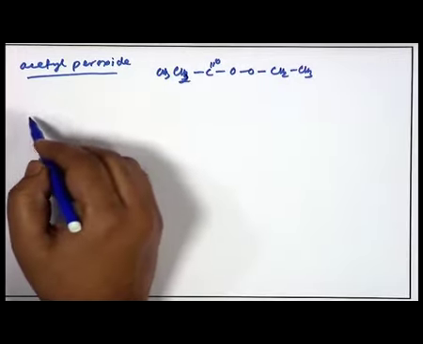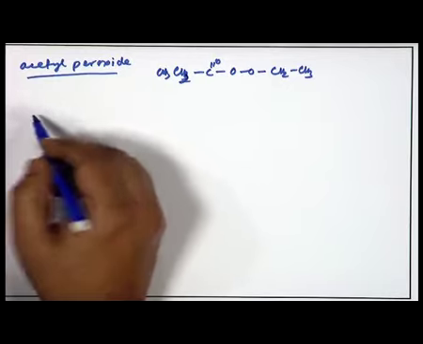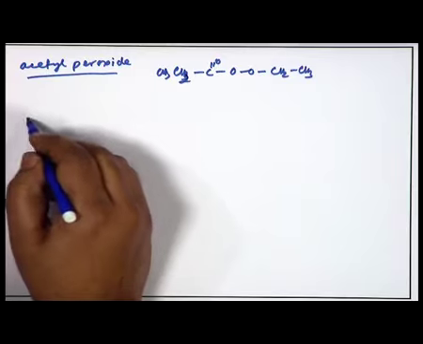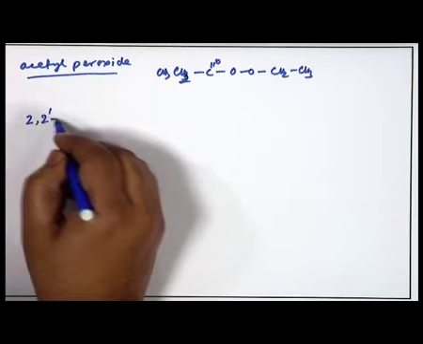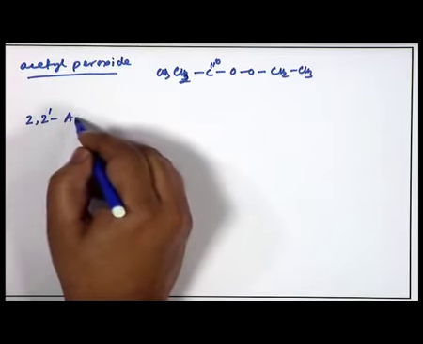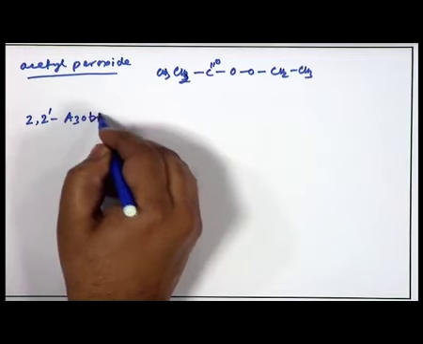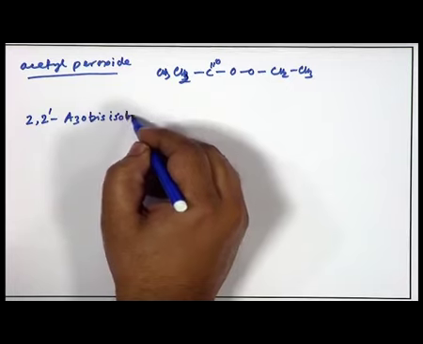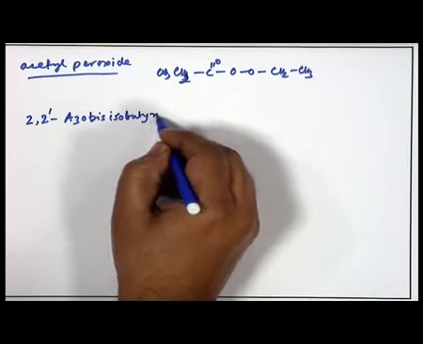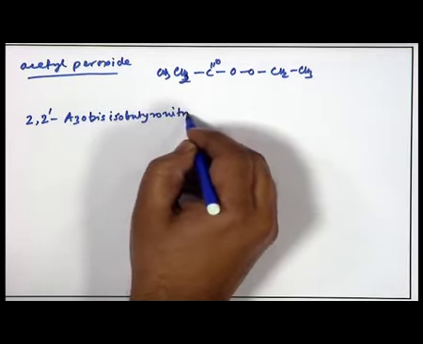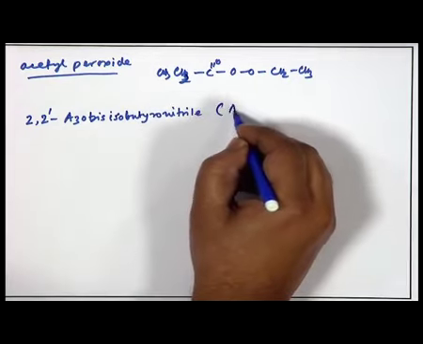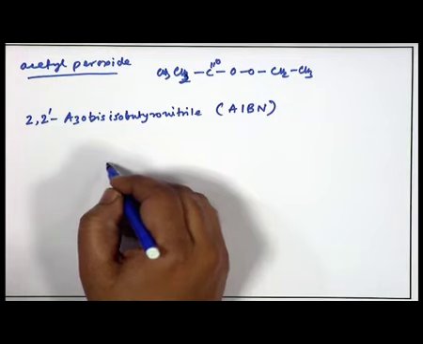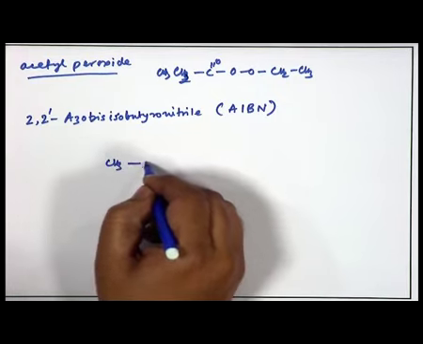There is one very commonly used thermal radical initiator known as 2,2-azobisisobutyronitrile, or in short we call it AIBN, which has the following structure.